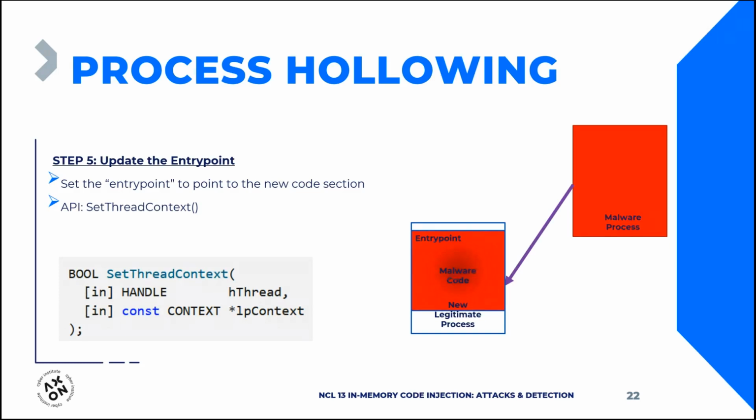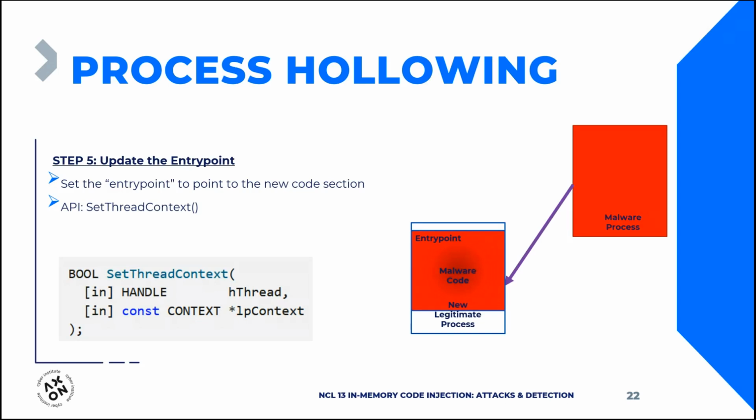It turns out there is a new thing I need to do before executing the code, and that is updating what we call the entry point. Every process has an entry point. An entry point simply points to the main function inside the process. And if you remember, yes, thank you, SetThreadContext. We emptied the content of this process, and that content included the main function, which was the entry point.